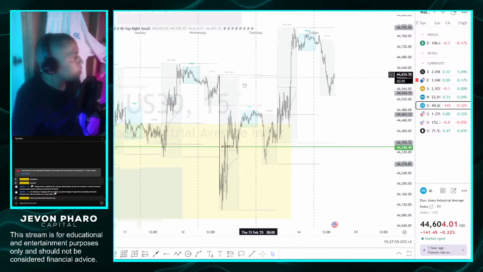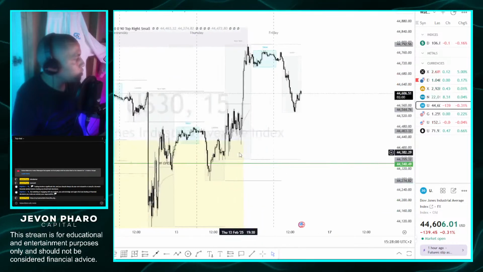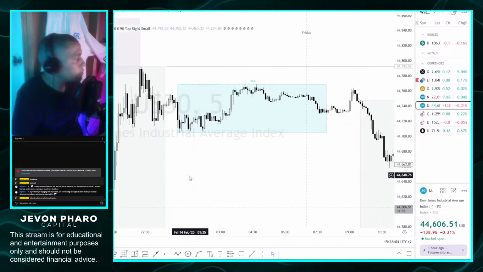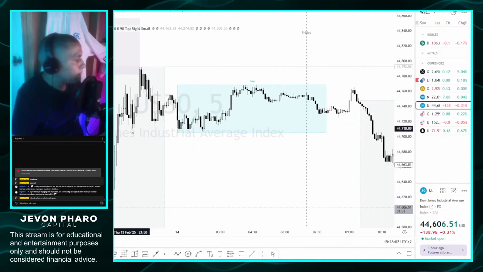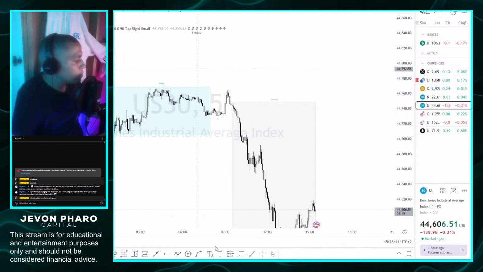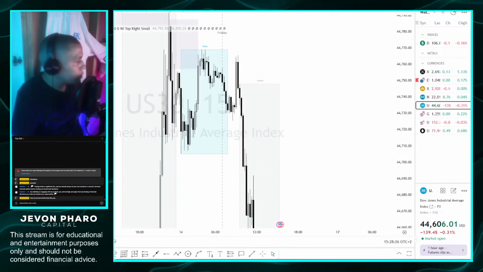So it's happening here on US30. US30 had a supply zone over here. Beautiful reaction of that zone. Okay, same thing over here.